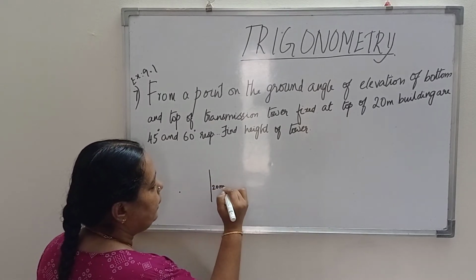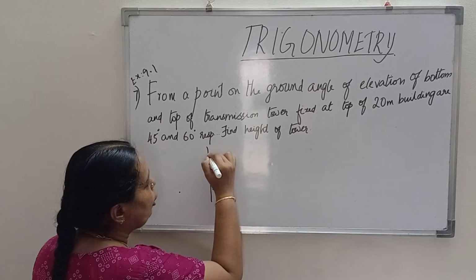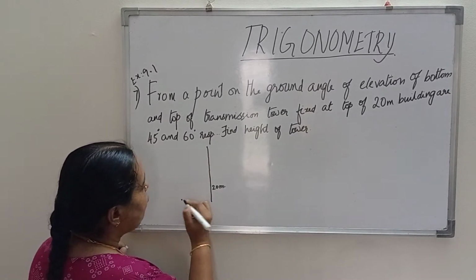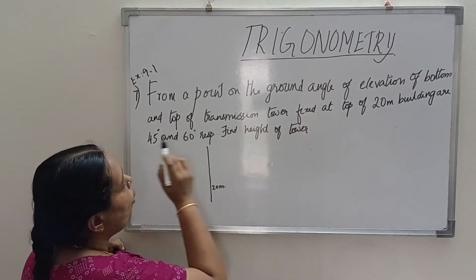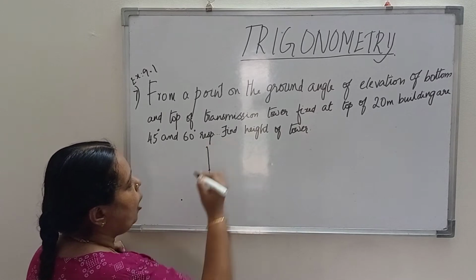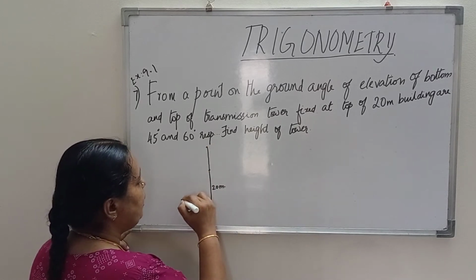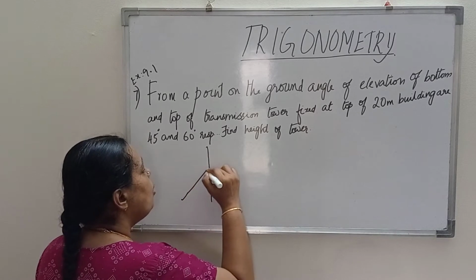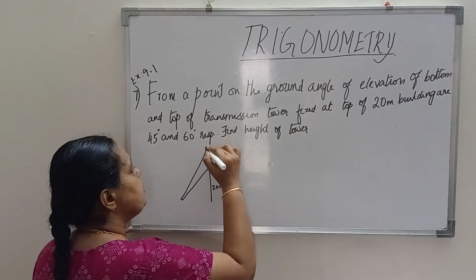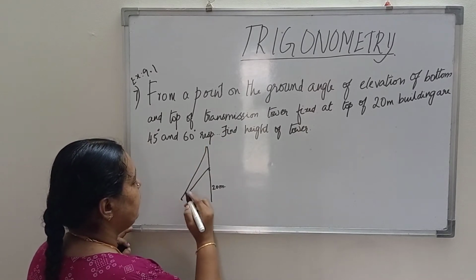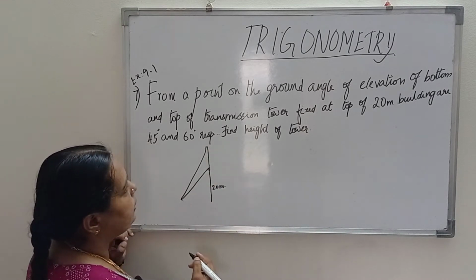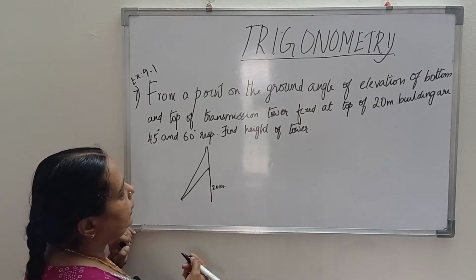This is the 20-meter building, and a tower is fixed on top of this building. This is the bottom of the transmission tower and this is the top. We draw the image with the angles from the ground to the bottom and to the top of the tower fixed on the 20-meter building.